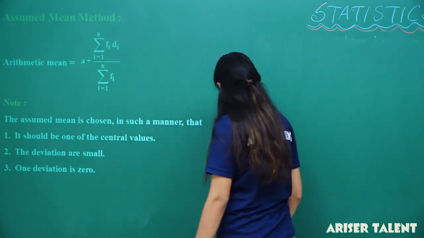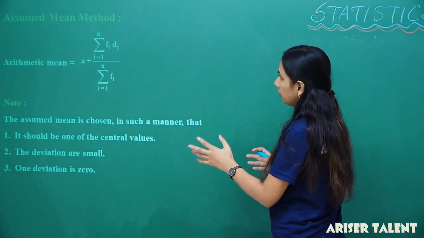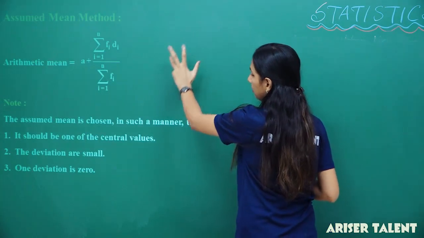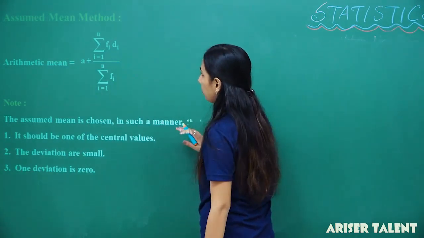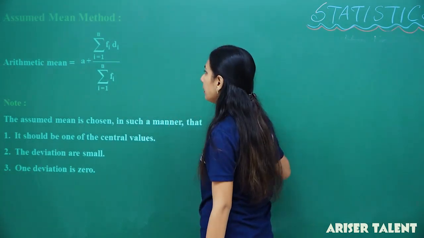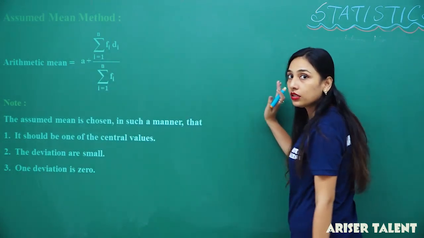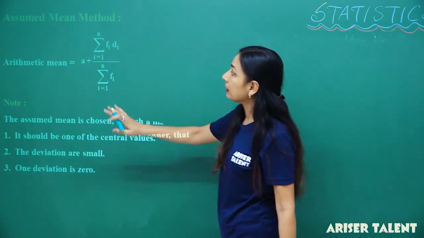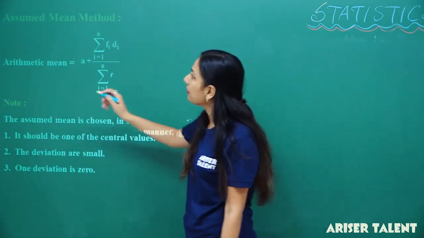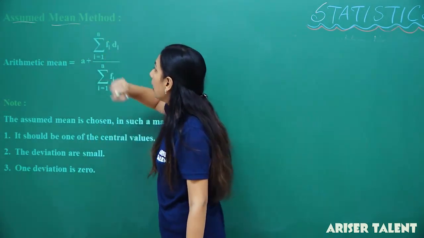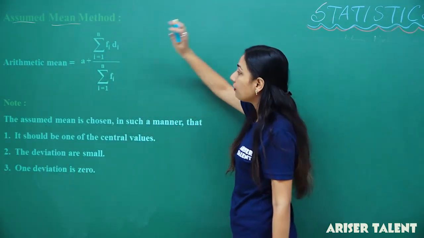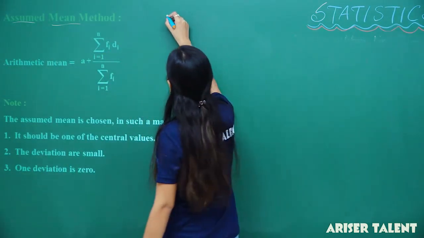Now what is assumed mean method? You just have this slide here. You can note this out, but to understand it in a good way, you have to see it here on the green board. Now it's saying arithmetic mean, assumed mean, that means you have to assume the mean. And now look at the formula, our formula of direct method.